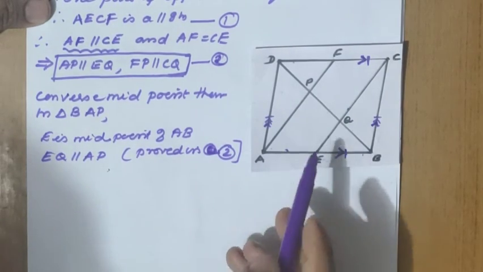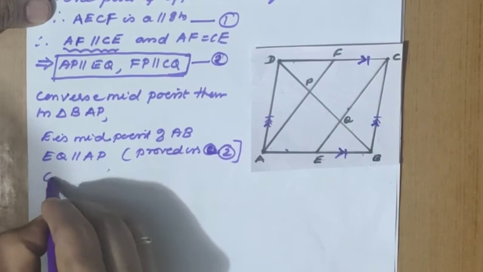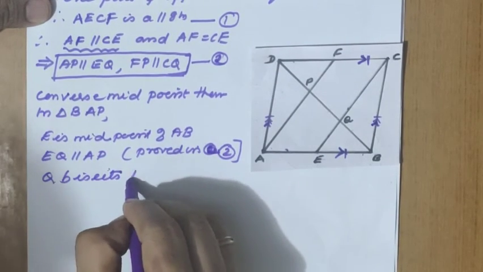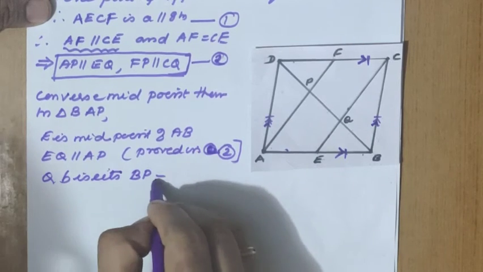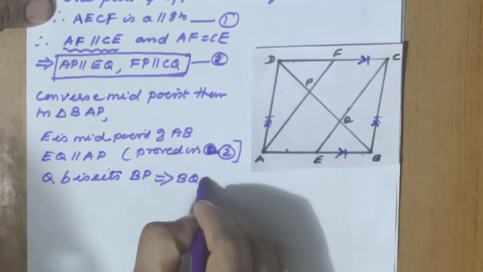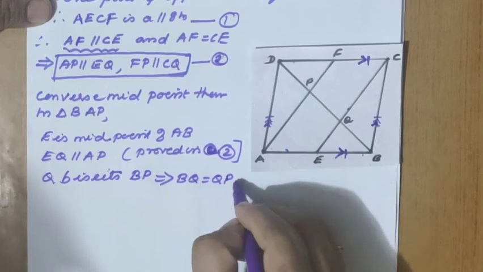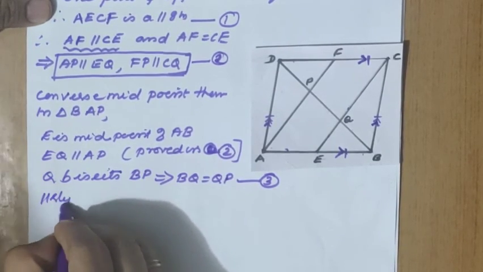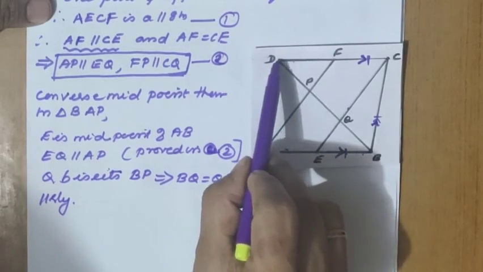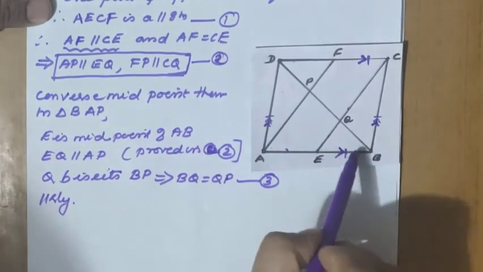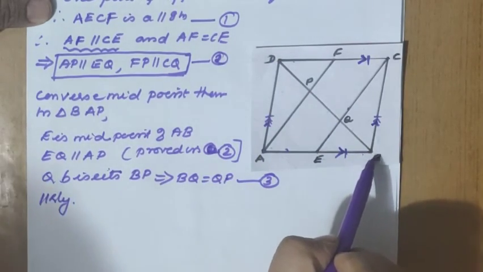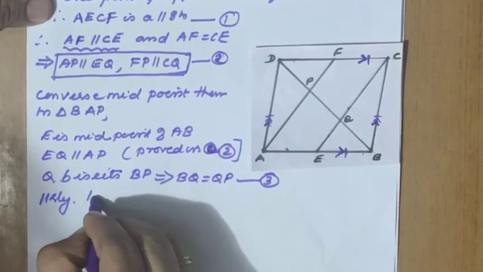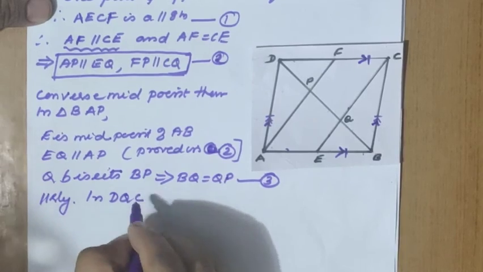Now what is the next step? Q is the ending point. Q bisects the third side BP. That means BQ equals QP, equation number 3. Right? Similarly, which is the next triangle I have to consider with D? We have to prove the trisection of the diagonal BD, so B I have taken. Now D. In triangle DQC, which is the midpoint?